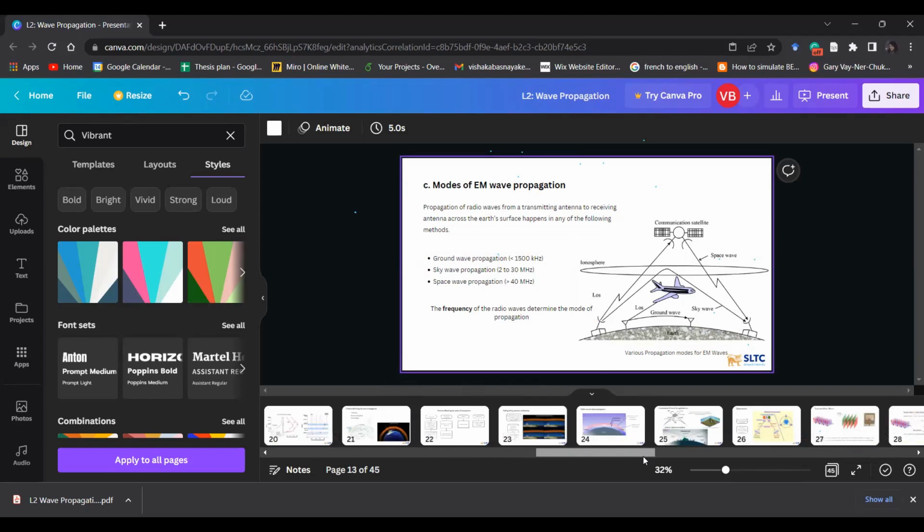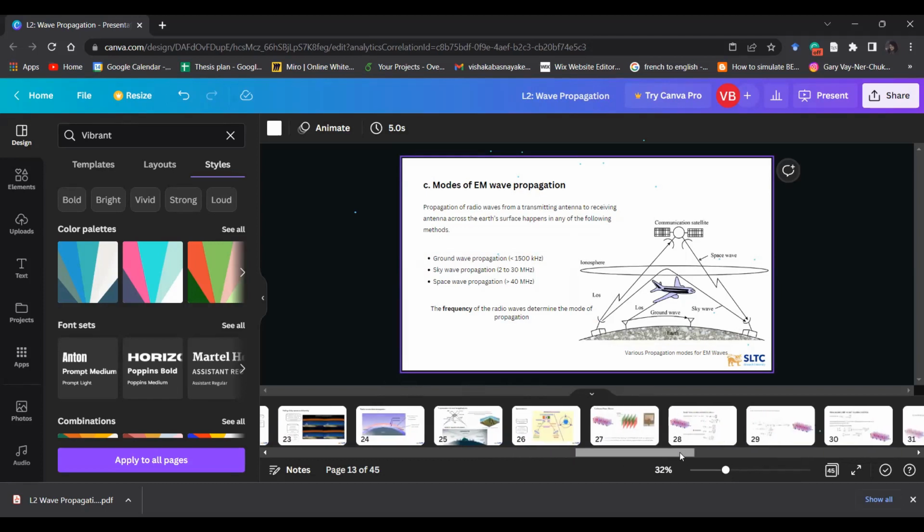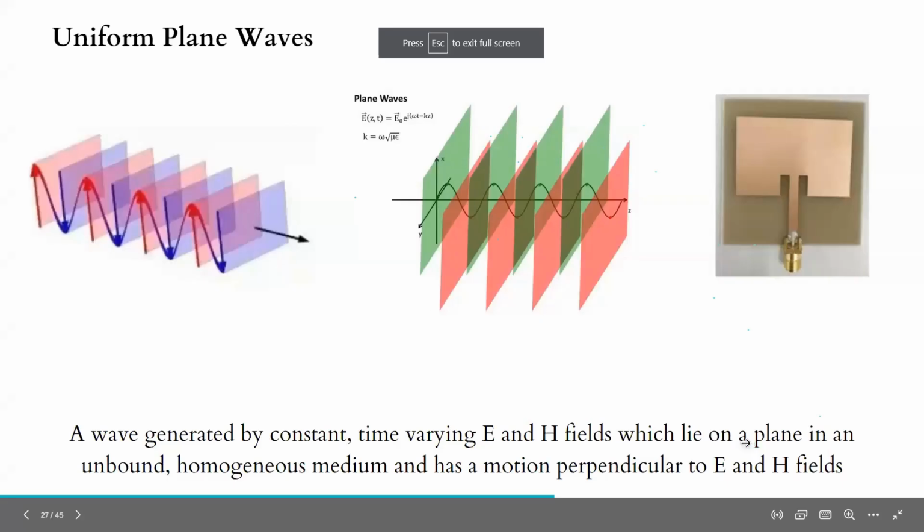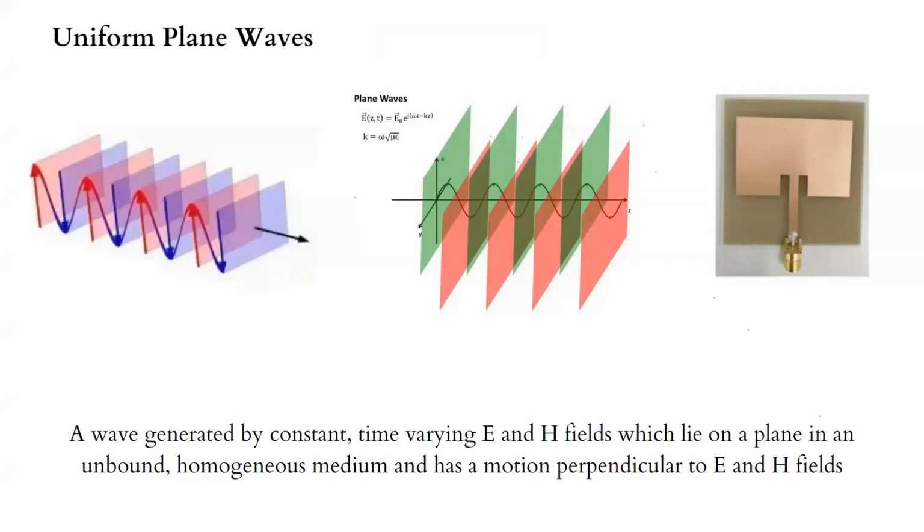So I won't be going to explain the basics of the other types of waves. However, I think it is better for us to know such concepts about electromagnetic waves in general, and how they are used, and what the method of propagating them from one point to another is, and so on.